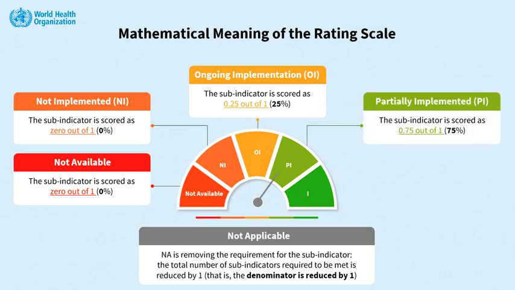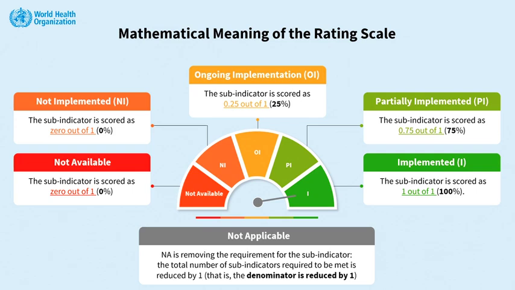Sub-indicators classified as partially implemented are given a score of 0.75 out of 1, reflecting an implementation percentage of 75%. Finally, sub-indicators marked as implemented receive a score of 1 out of 1, representing an implementation percentage of 100%.